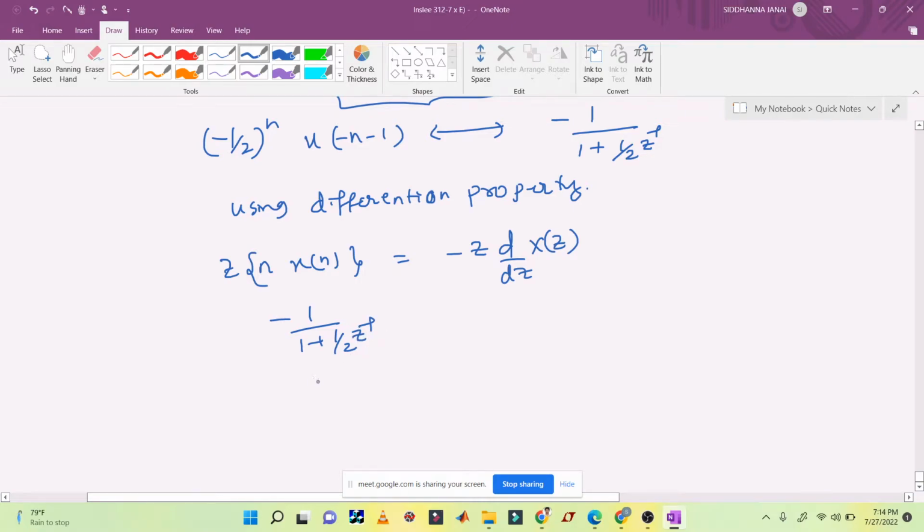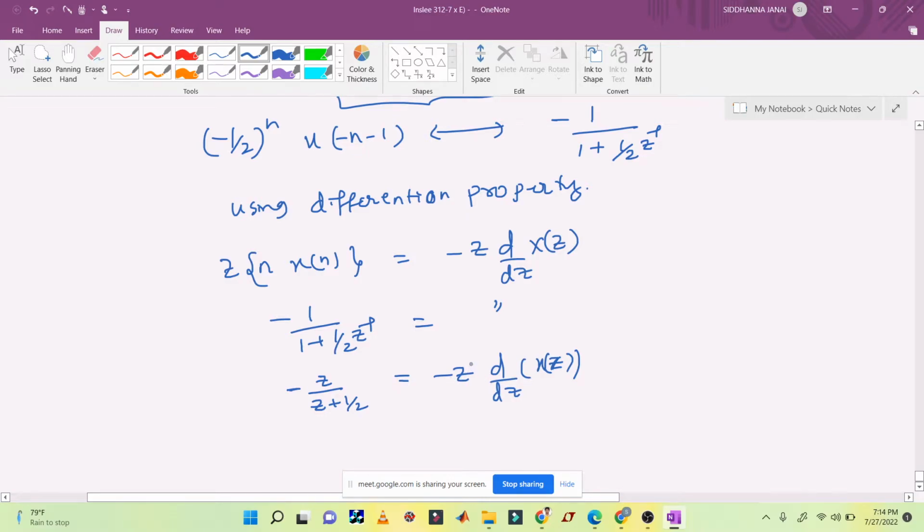So how can we write this? Z inverse will be z divided by z plus 1 by 2, minus is here. So this is equal to minus z, same here, d by dz of x of z.